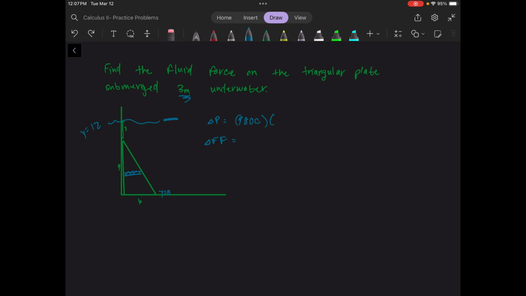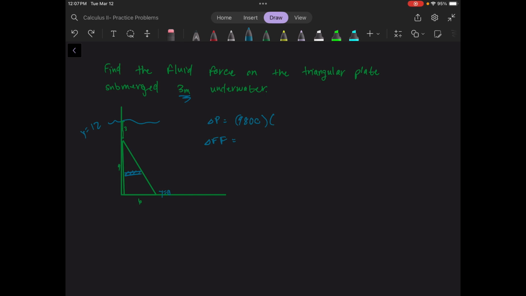It doesn't matter. It's going to change your depth function and your area function, and may or may not be easier to integrate. But I'm going to choose the bottom of the tank as my ground level, or y equals 0, because it'll be easier to find what this function is.